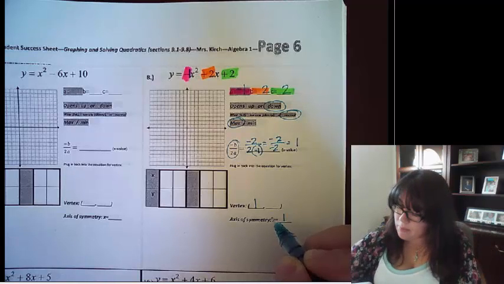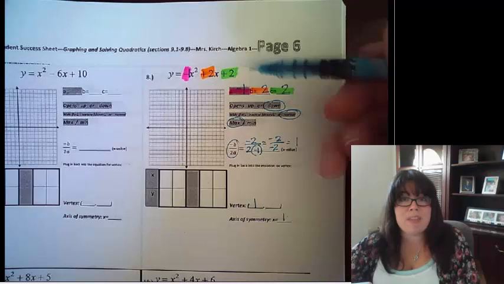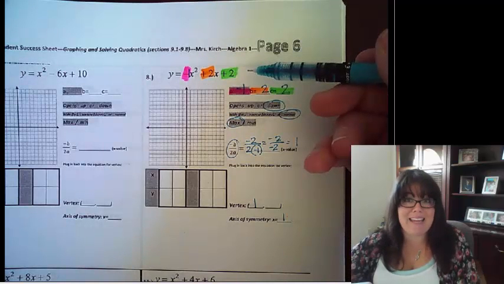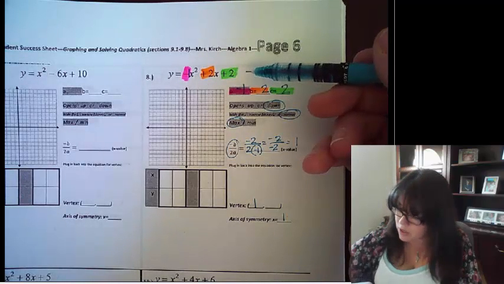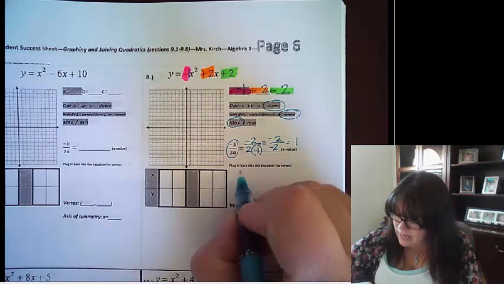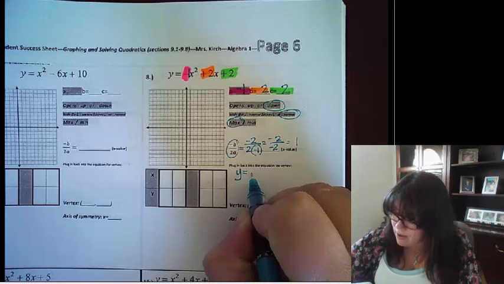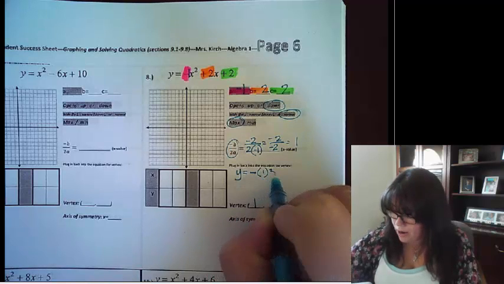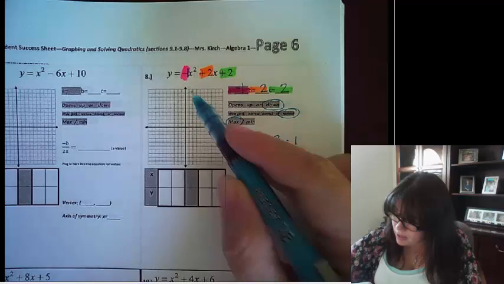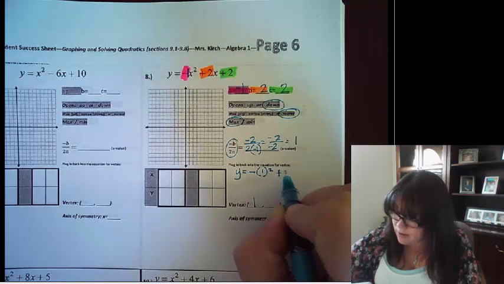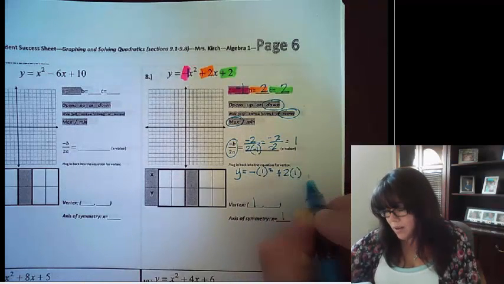We need to find the y half of the vertex. So I'm going to use my original equation and plug my x value back in. Watch how this works. y equals -x squared plus 2x plus 2, but instead of x, I'm going to plug in a 1.